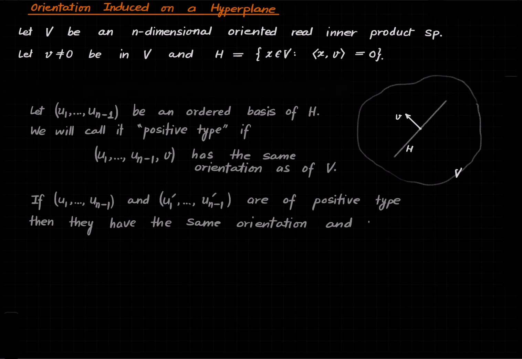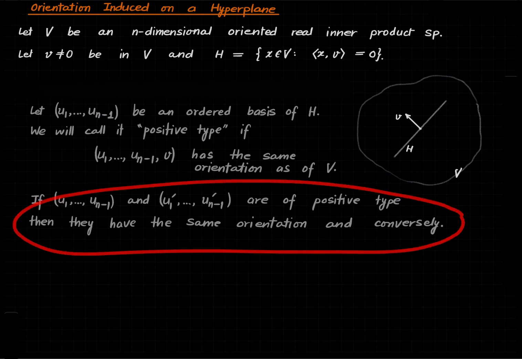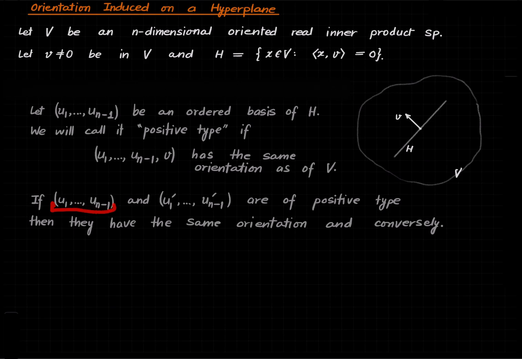So this is a mathematical statement that we need to prove: if two ordered bases are of positive type, then they have the same orientation. Well, I have not made the correct statement. Let me just make it one-sided. This is the correct statement.